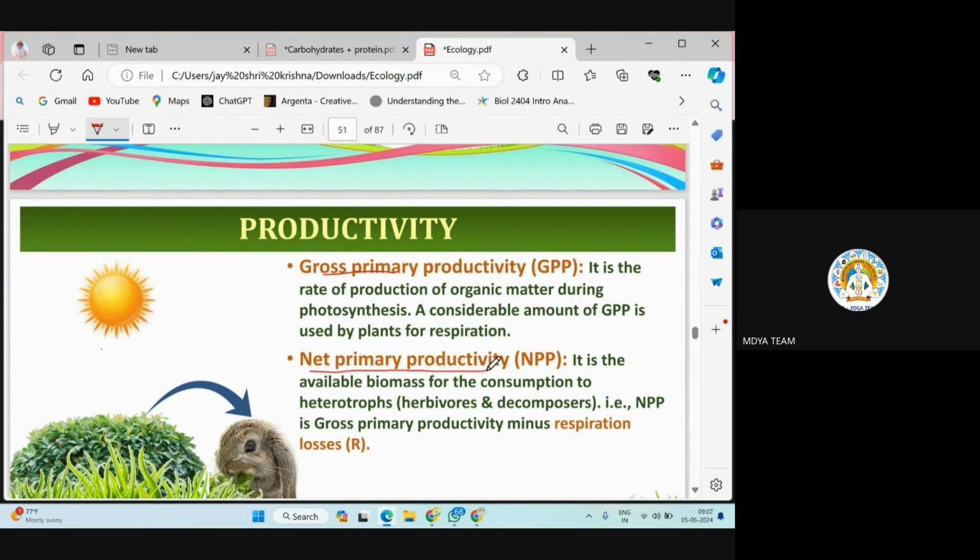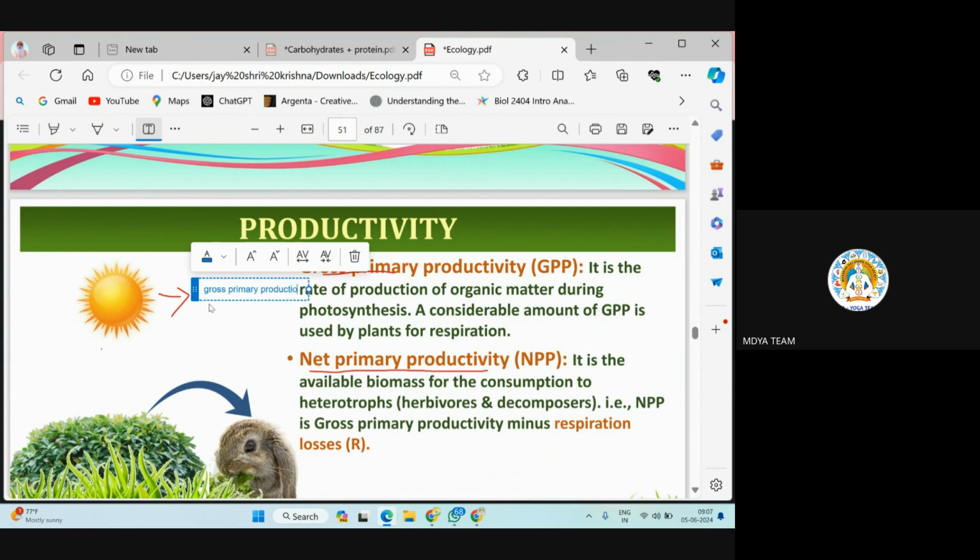Now see, first the sun is there. With the help of sunlight, the plant is producing something. So it will be gross primary productivity or gross primary production.